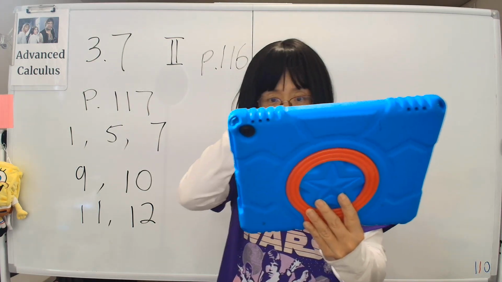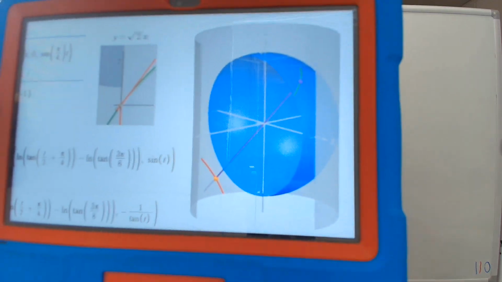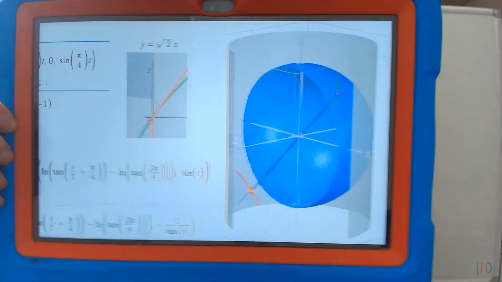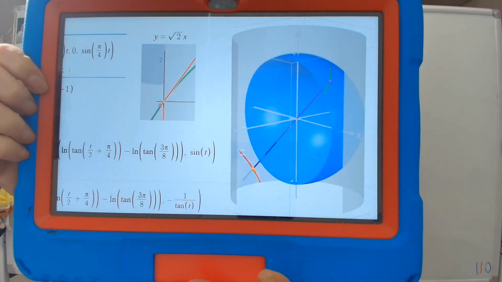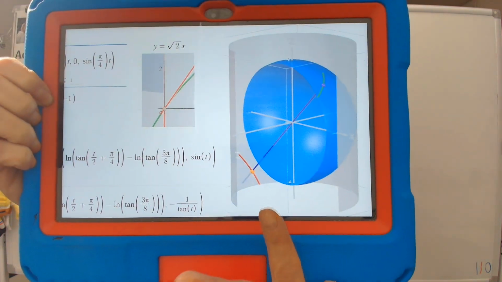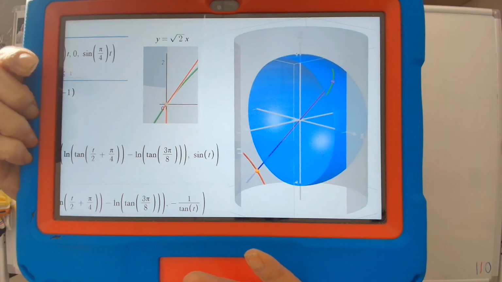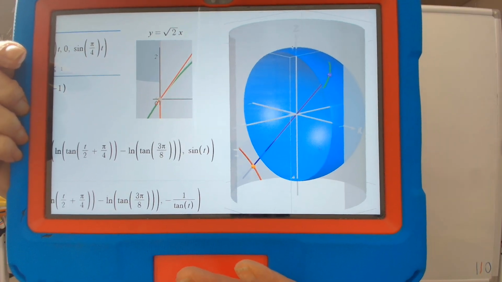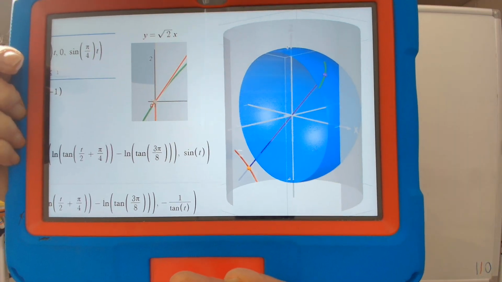On Desmos 3D, okay, so here is my thing on Desmos 3D. As you can see, the purple point on top of the sphere, that is the original point P, okay? And then I drew a curve. That's the curve with a slope equal to lambda equal to 1. That is, the slope is 1, a 45-degree angle on the sphere.